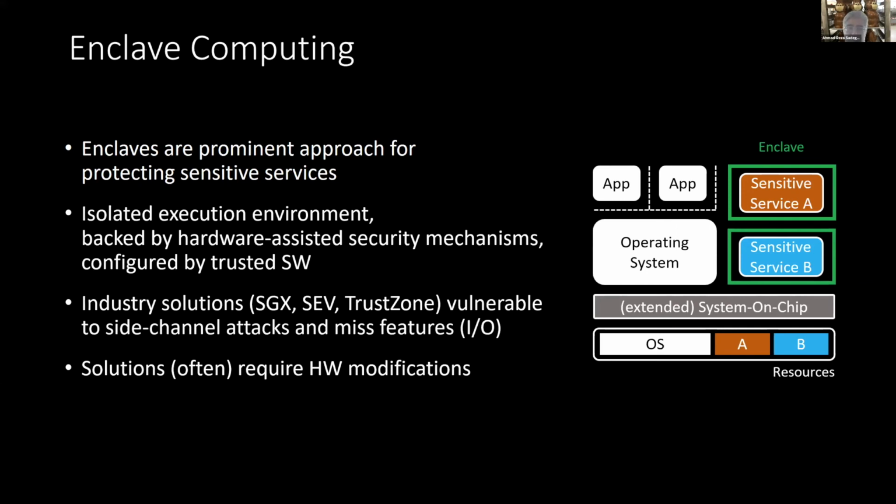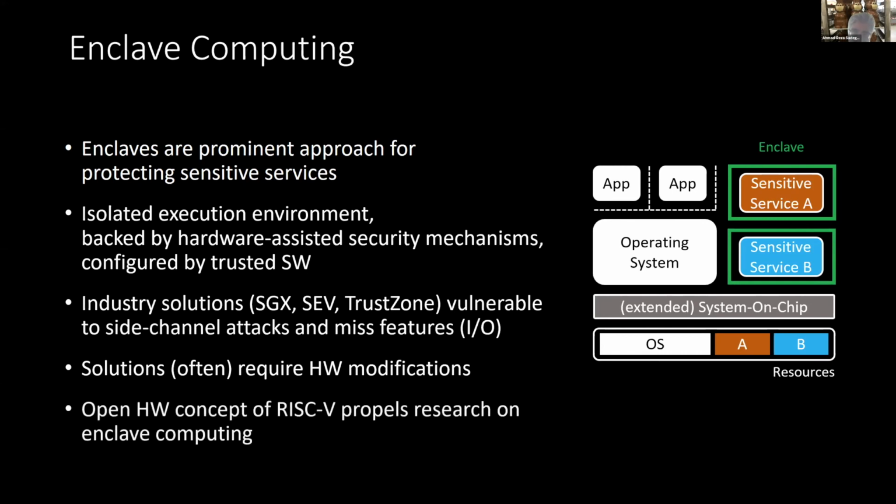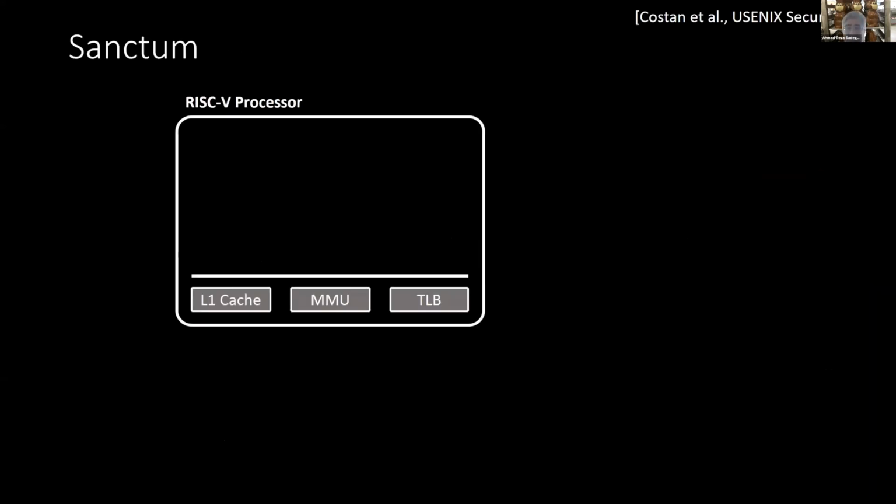But the solutions all require hardware modification. And the RISC-V concept, although it is open source, and open source doesn't mean security, means that more eyes can be on it, if those eyes are there. So for enclave computing, I think one of the future directions would be RISC-V. So let us see what is on the market.